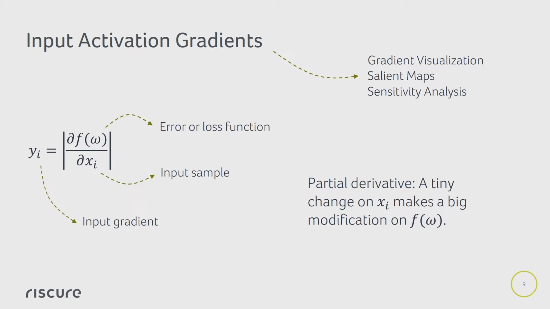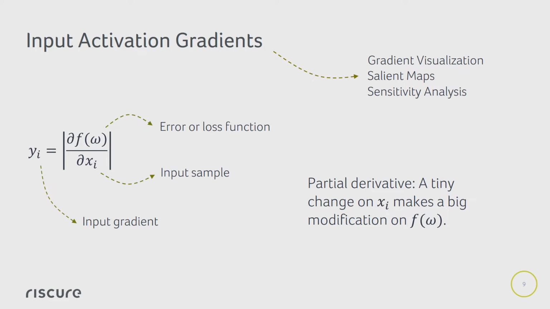I decided just to put one equation here, but it's not complicated. So if you have the loss function, the function that computes the error of the network, there can be many types of different loss functions. And then what you do is a partial derivative of this loss function with respect to one input sample, where i is the index of every sample in the input trace.